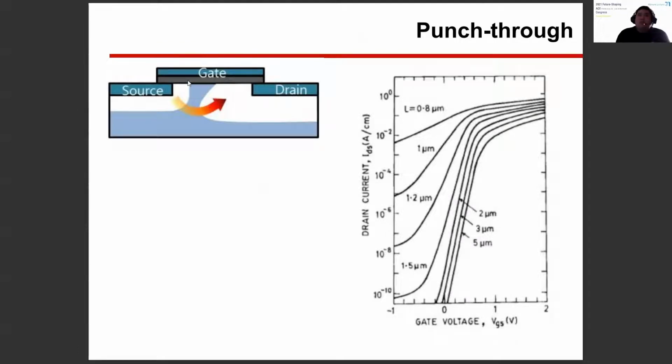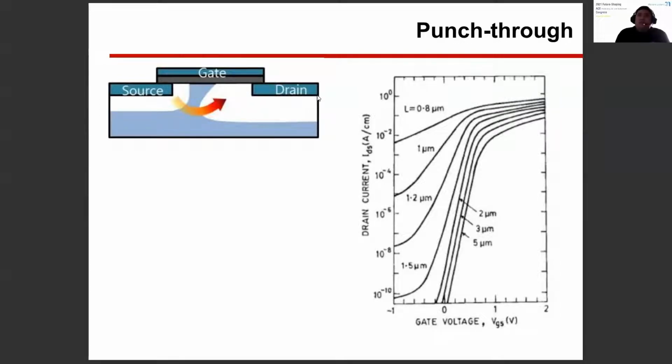That is, if we look at the source and drain, there is always a depletion region around the source and drain components, because the doping of source and drain is much heavier than in the body. So the depletion region is much larger than in the body.